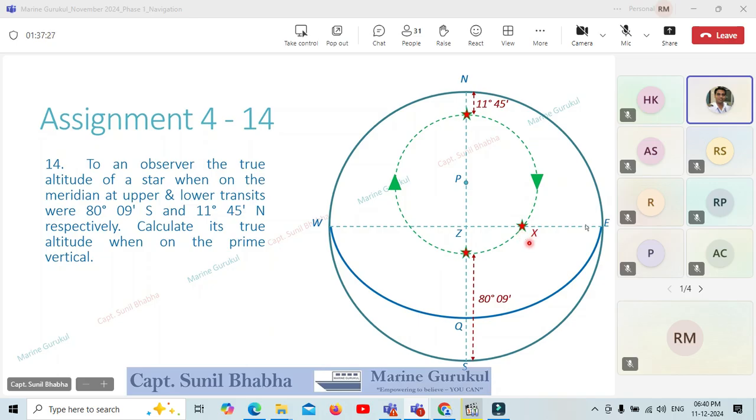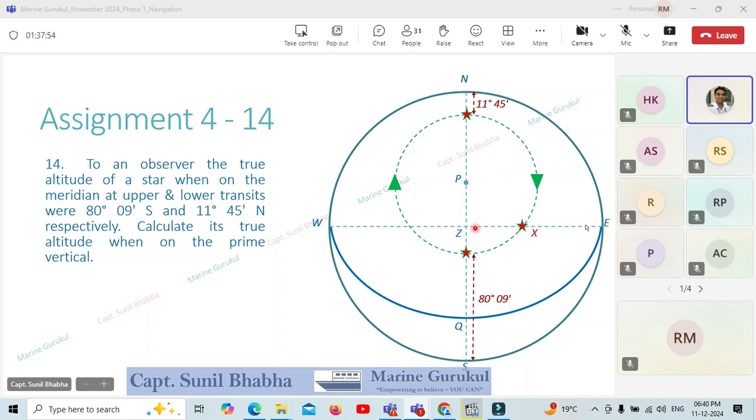Let's name this as X. Now there is one more location where the star will be on the prime vertical, that is this particular location. If you want, you can pick up this location also. In both the cases, the working as well as the answer will be the same. So whichever location out of two you want can be picked up and the question worked out. So we have marked the star X here.